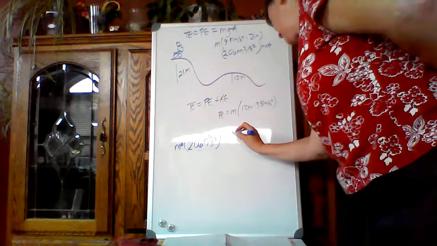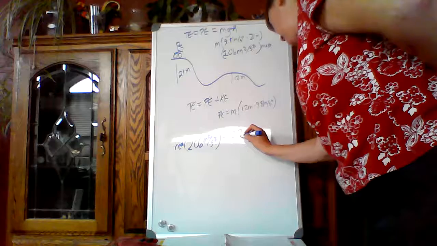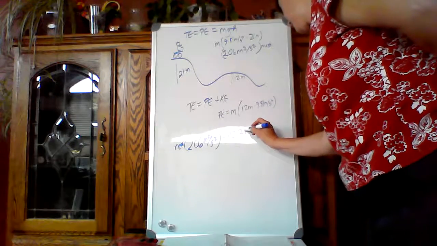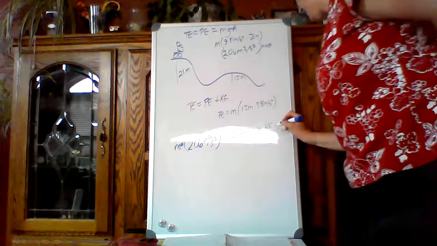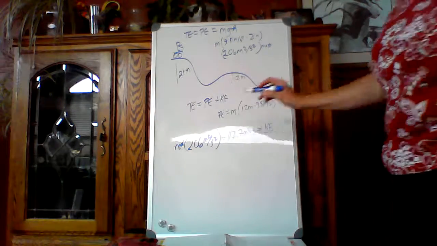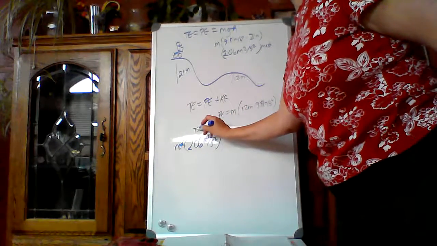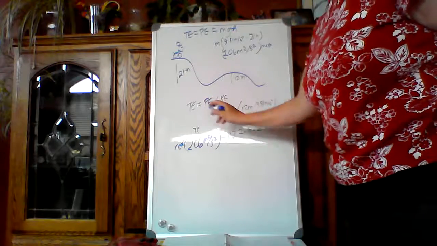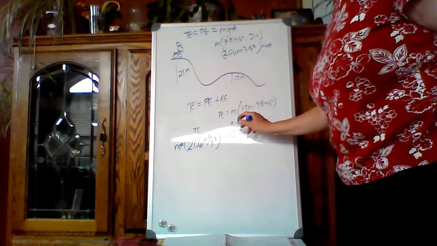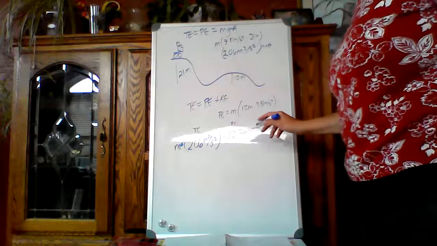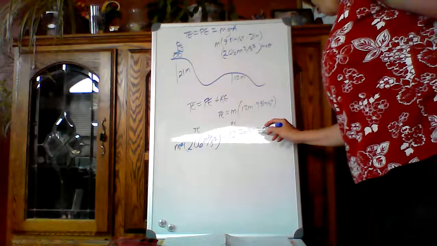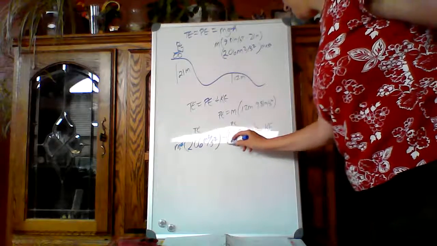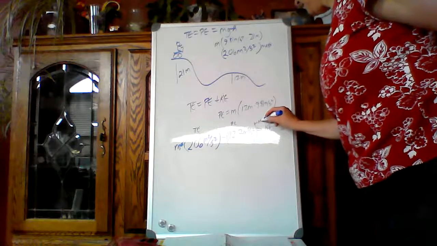It's 117.7 meters squared per second squared, is going to equal the kinetic energy. So this was our total energy. Rearranging this equation, total energy minus potential energy will equal kinetic energy. And this one, again, we didn't know the mass here, so that's still times the mass.